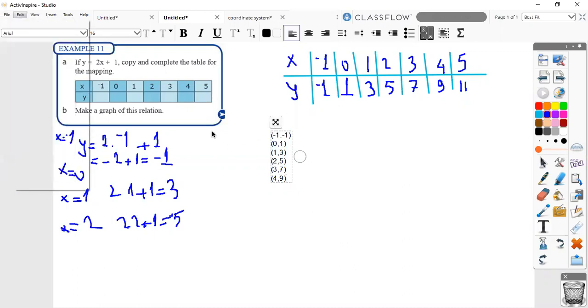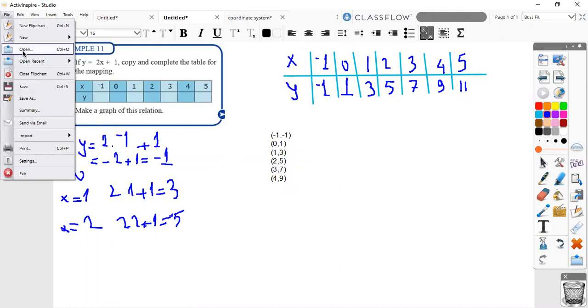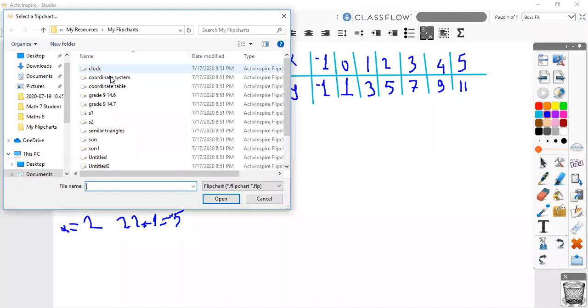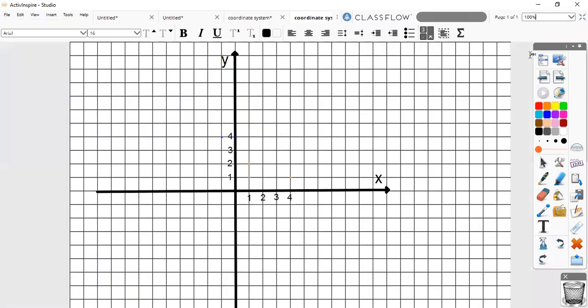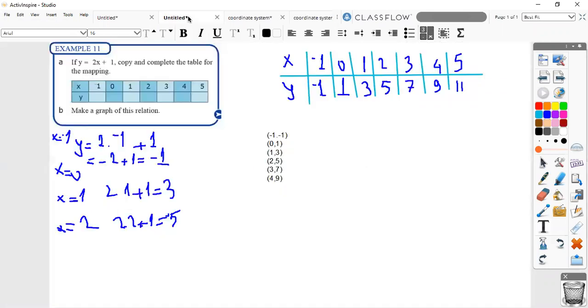Now we are going to make a graph of this relation. Here I have my coordinate system. I am going to bring the points there.